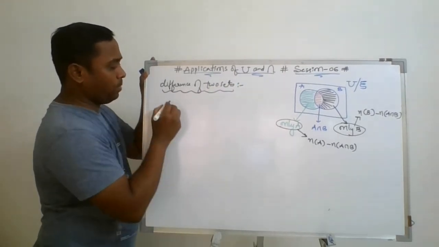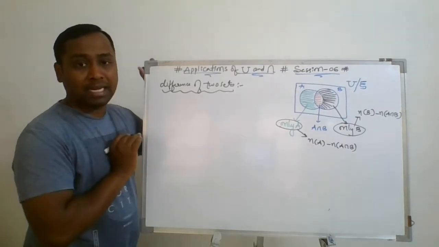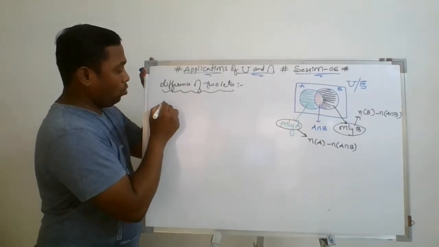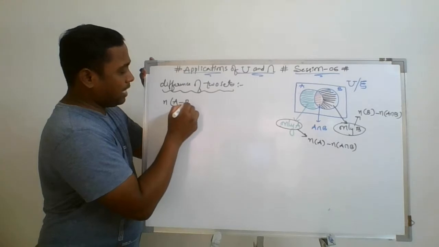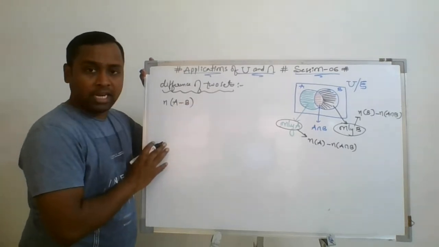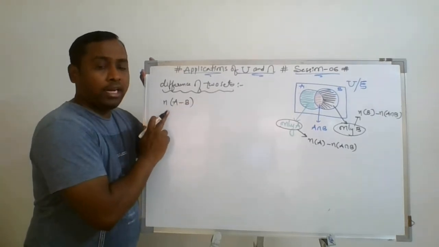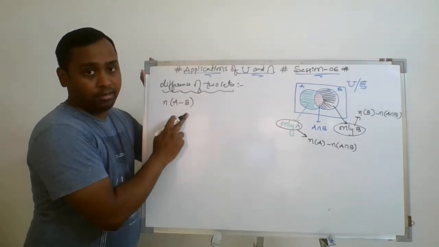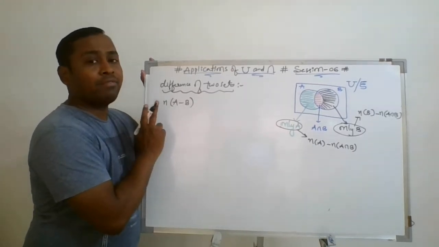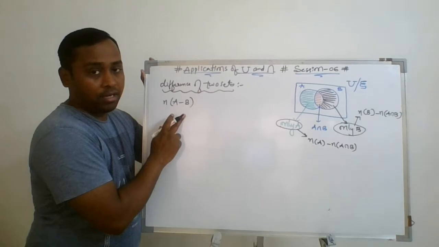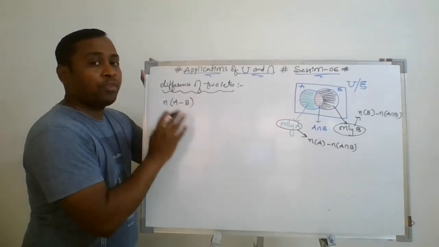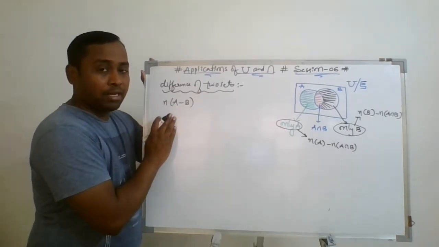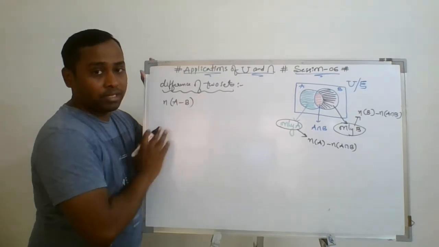Difference of two sets means either A minus B or B minus A. So what is A minus B? Elements which are in A but not in B. I repeat, elements which are in A not in B. Other way to say it, from set A elements we need to remove B elements.